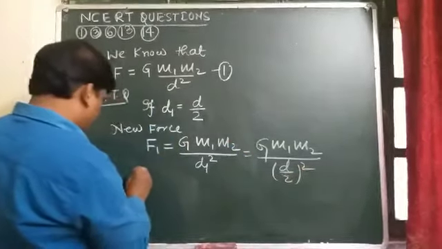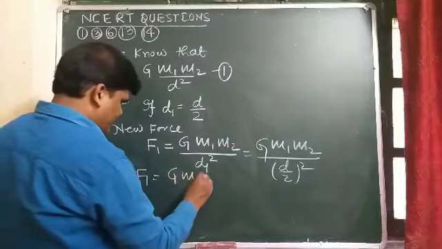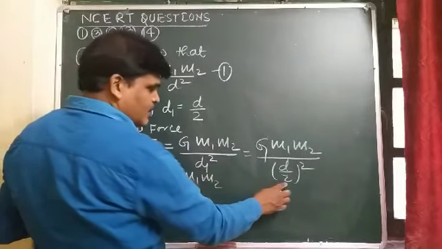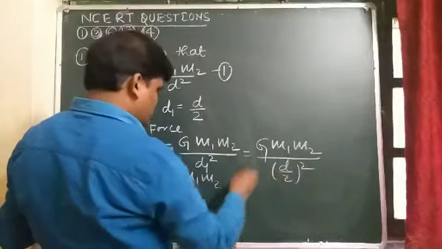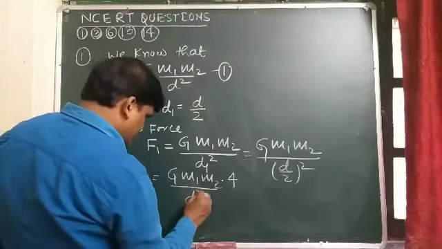And student, we see that G m1 m2 with the 4 comes out as numerator, and the denominator remains d square.